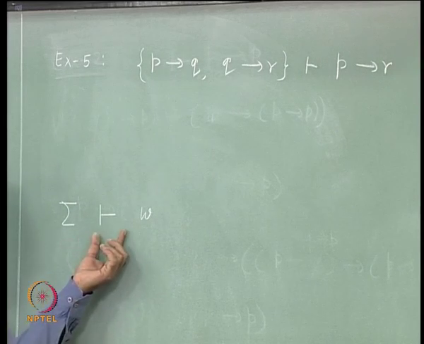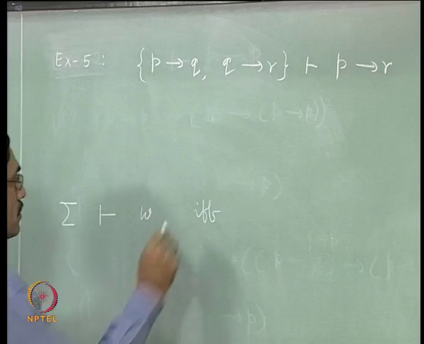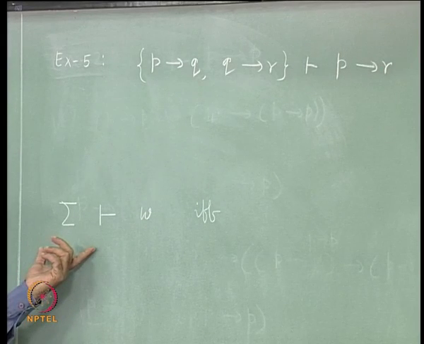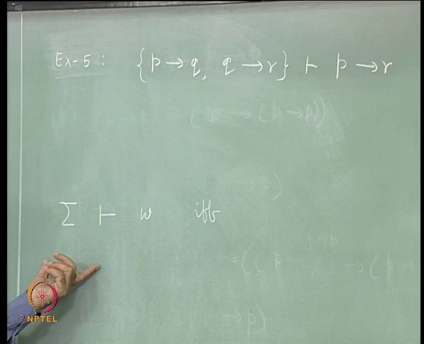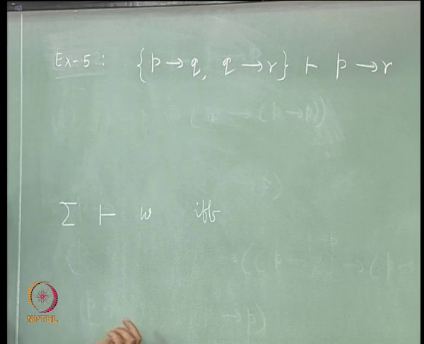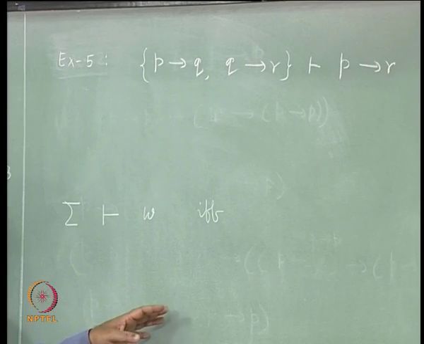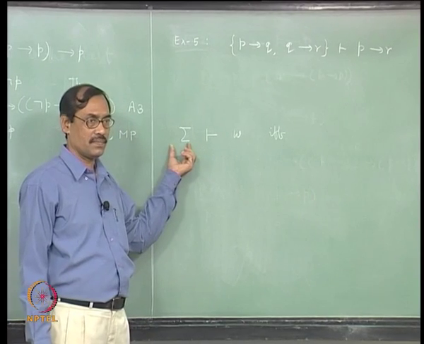So, sigma syntactically entails W if what happens? If there is a derivation for it, just like your proofs. So, what is a derivation? It is a proof where you can use axioms, or modus ponens, you may use this or that, fine, or the premises in sigma.